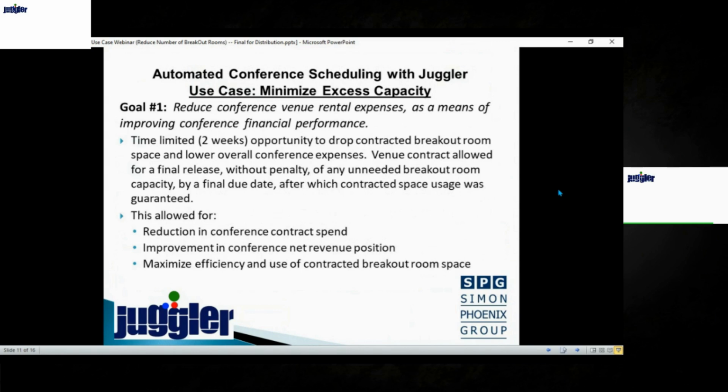The venue contract, and most venue contracts specifically, allow for a final release date without any penalty of any unneeded breakout room capacity, after which the contracted space usage is guaranteed and the organization is therefore on the hook for the full contracted spend.